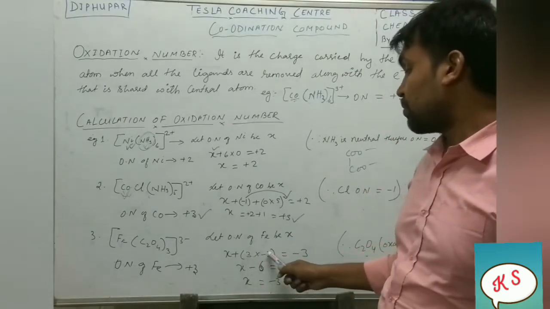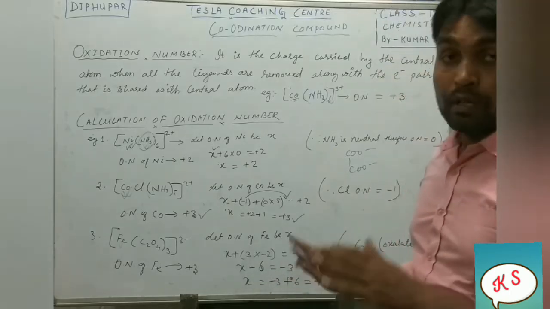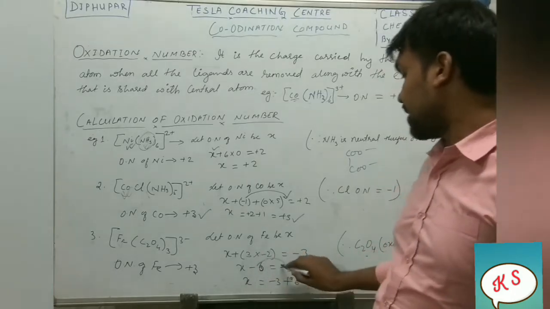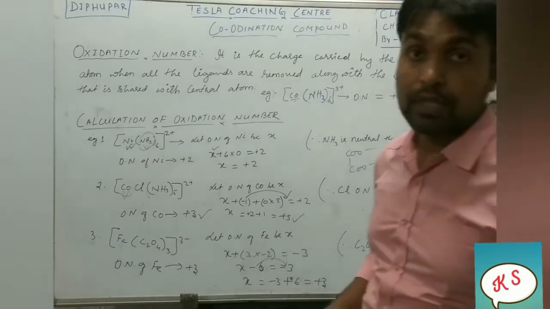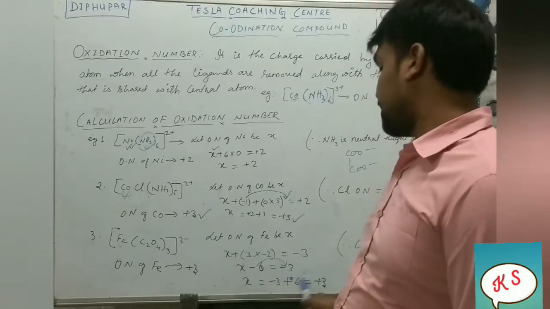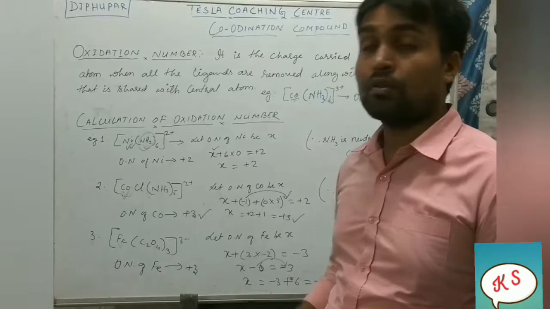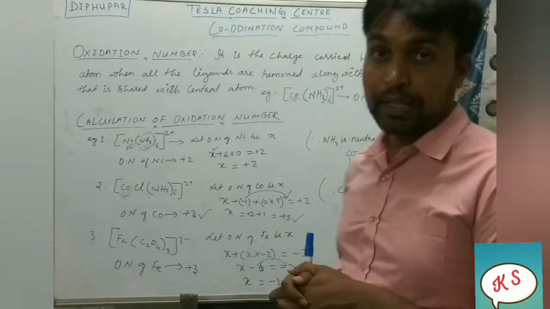So 3 into minus 2 will become how much? Minus 6, which will be equal to minus 3. So this 6, if you shift it to this side, then it will become what? Plus. So minus 3 plus 6 will give you how much? It will give you plus 3. So X is equal to plus 3, and X is the oxidation number of Fe. So the oxidation number of Fe is equal to plus 3. I hope all of you have understood it and you are enjoying the lecture.